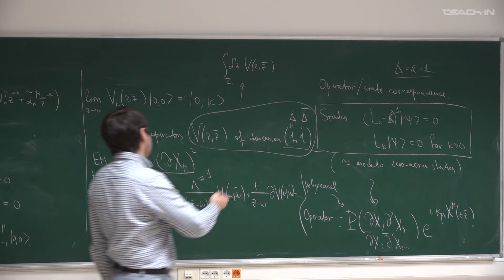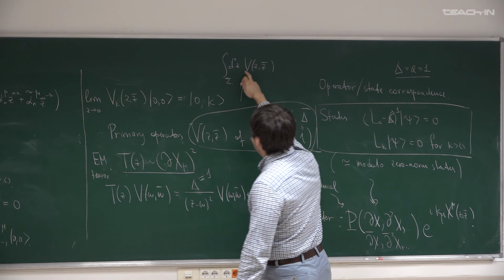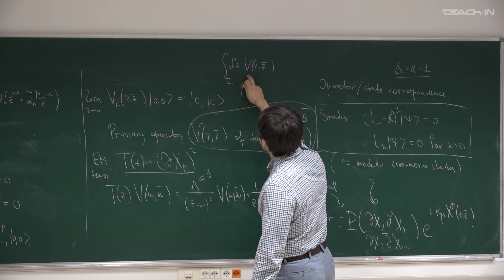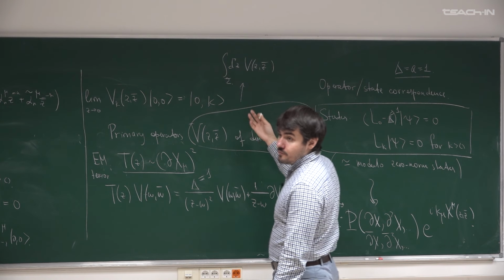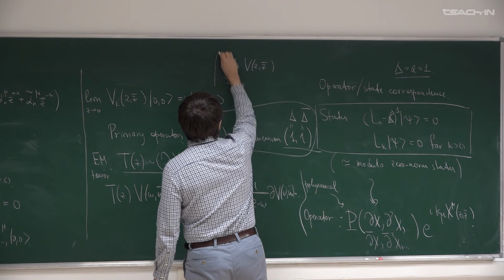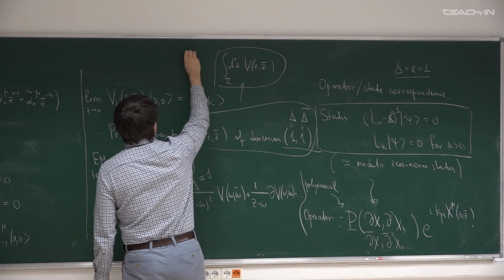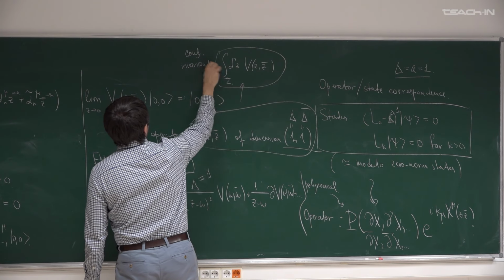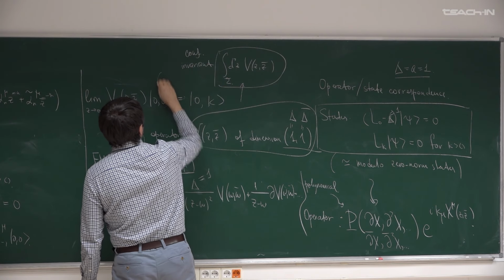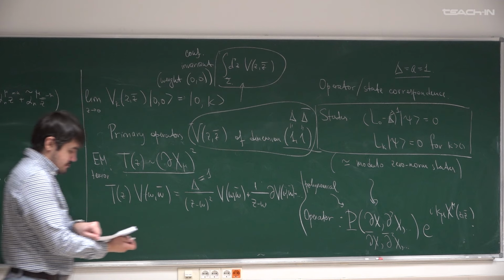And that's going to be a conformal invariant because V transforms exactly contragradiently to the transformation of the measure. So this is weight (0,0), a conformal invariant. And as we will see, we actually need such integrated operators to compute the amplitudes.